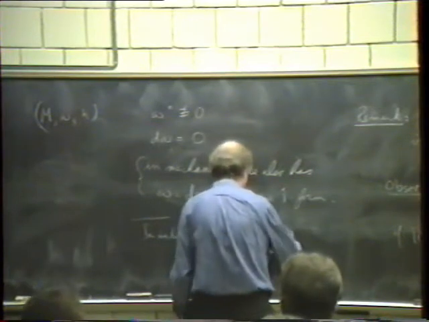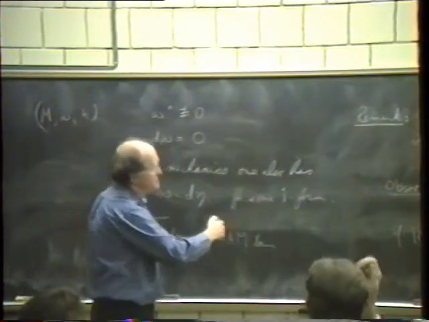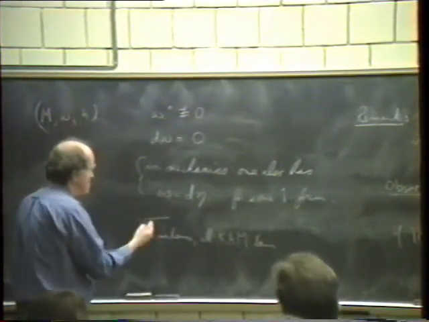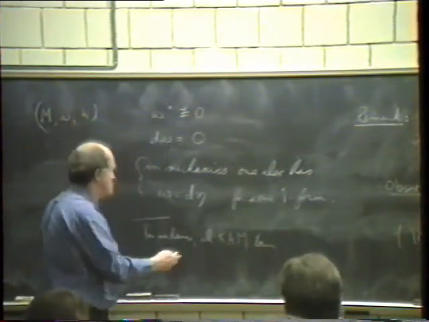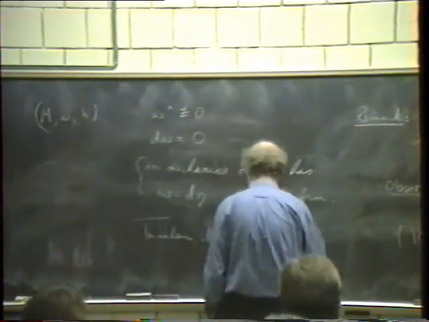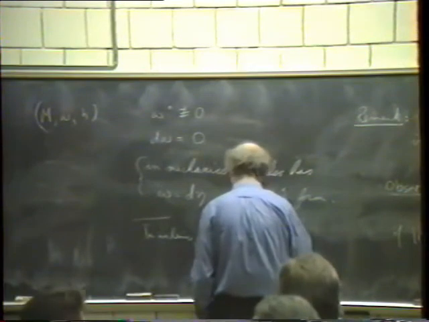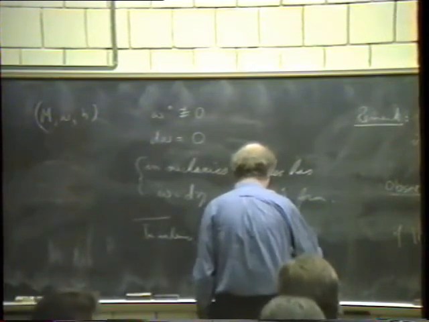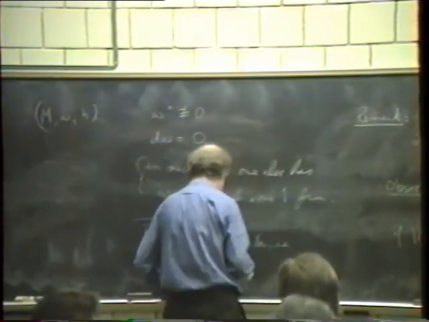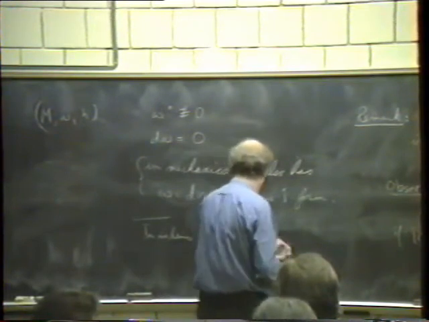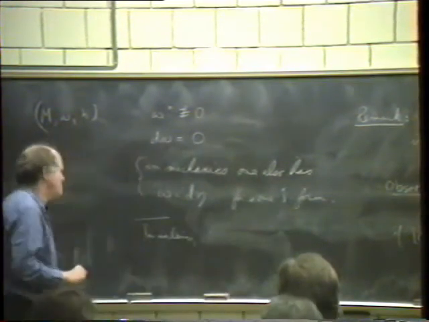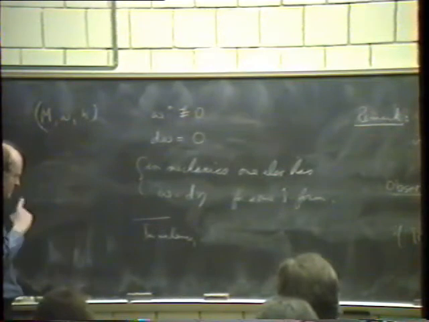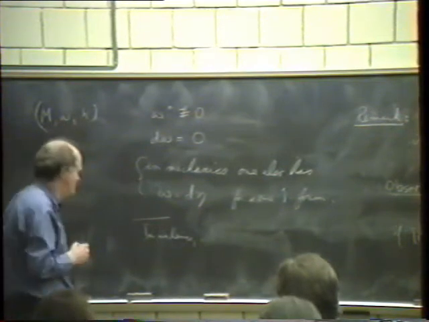But the exact hypotheses here are the linearizability and the dense orbit. Lagrangian, well, that's maybe not a good way to say it. You usually put Lagrangian as one of the conditions to be a KAM torus.